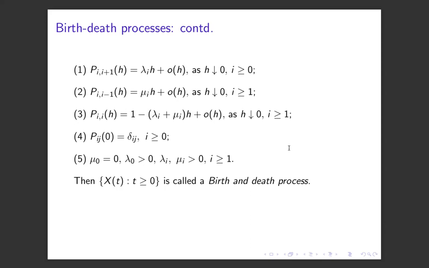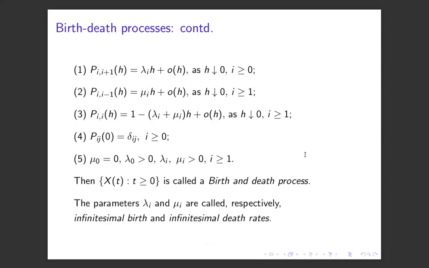So such a process is called a birth and death process. That is, the thing increasing by 1 may be called a birth, and the thing reducing by 1 is called a death. These parameters, lambda I and mu I, are kind of infinitesimal rates.